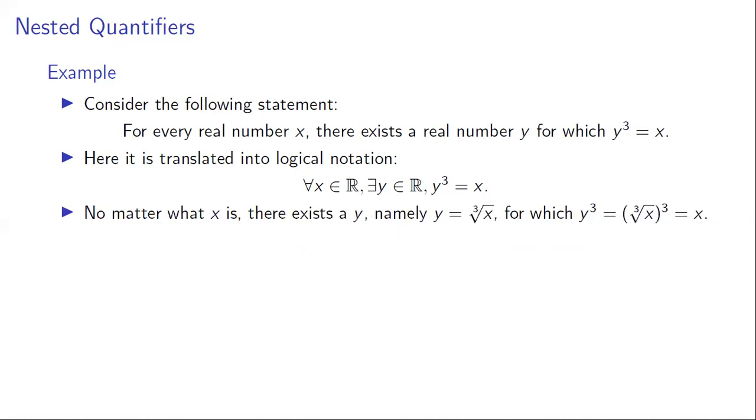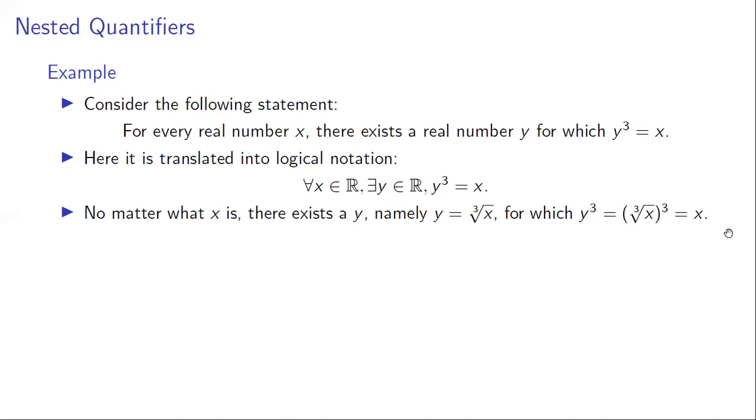Well, no matter what x is, it could be any real number, there exists a y, namely y equal to the cube root of x, for which y cubed turns out to equal x, because y cubed will be the cube root of x raised to the power of 3, which is equal to x.